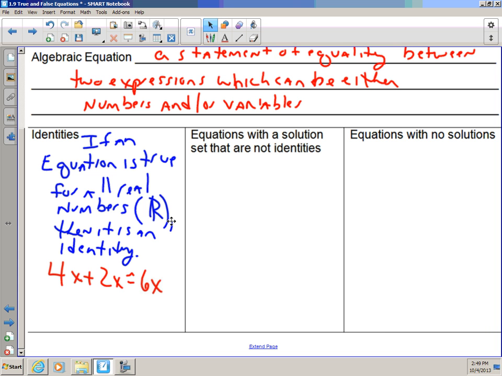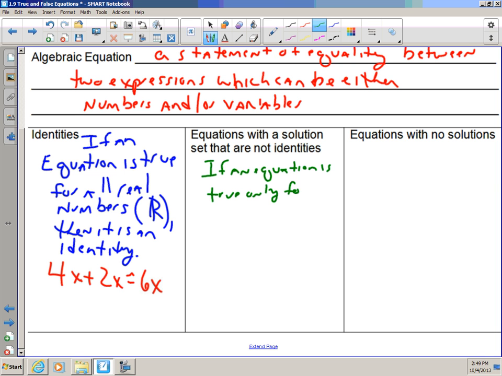Let's contrast that with equations with a solution set that are not identities. So if an equation is true only for some values, so therefore there's a finite number of solutions, then it has a solution, but is not an identity.